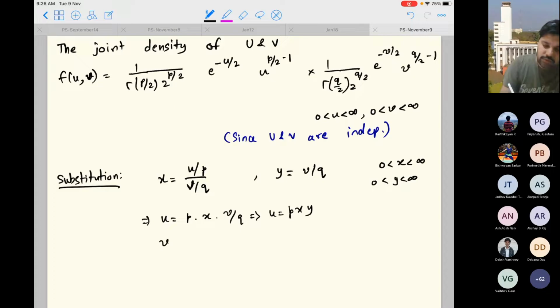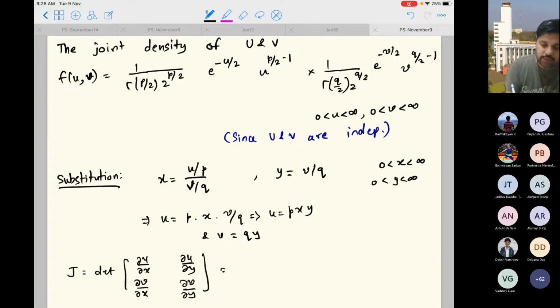And similarly, what is v? v is equal to qy. So u is pxy and v is equal to qy. So the Jacobian of the transformation, the determinant: del u by del x, del u by del y, del v by del x, and del v by del y, right? So this is the Jacobian.